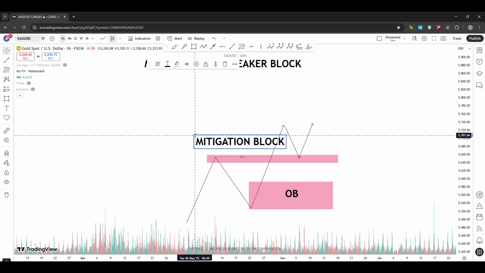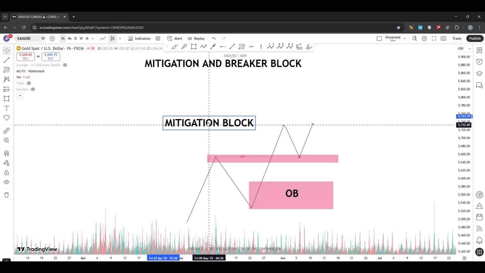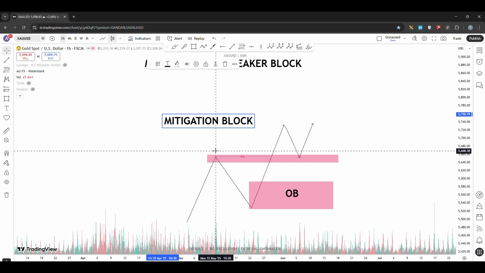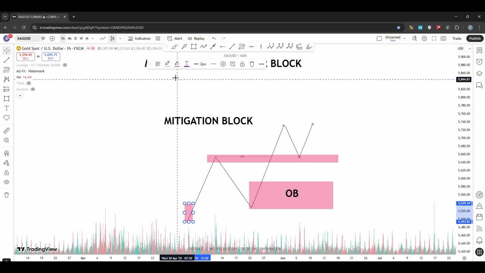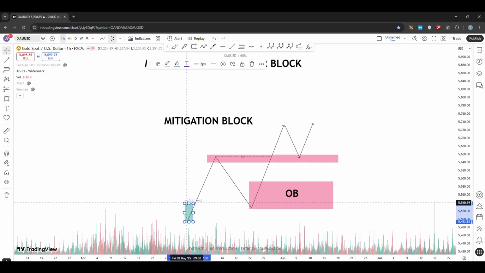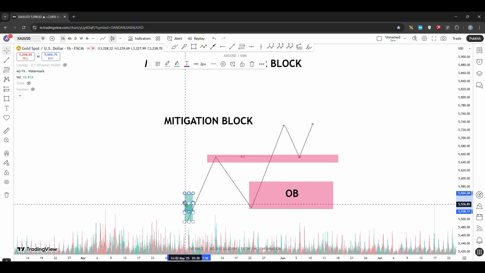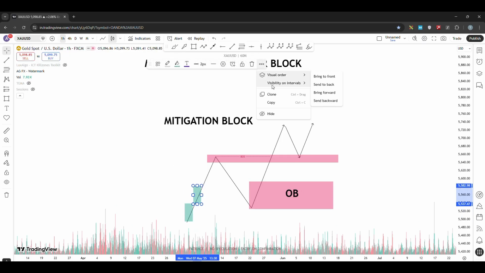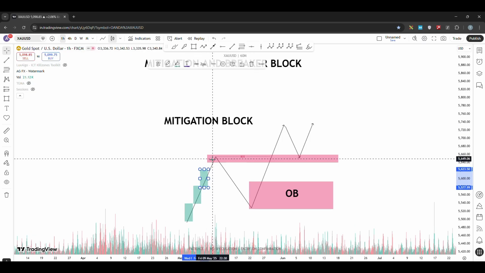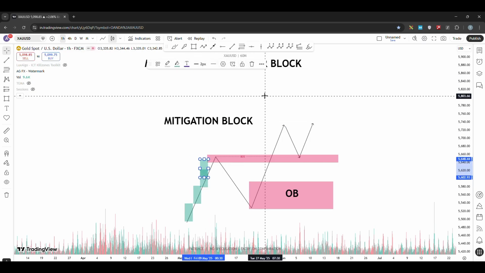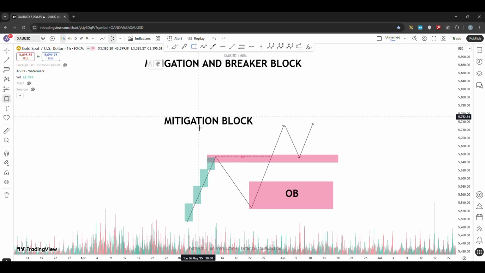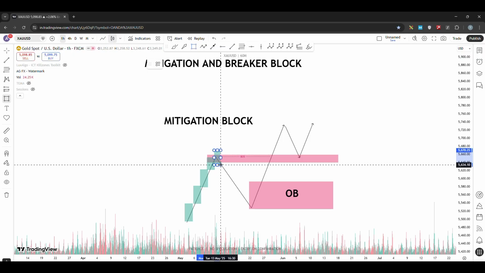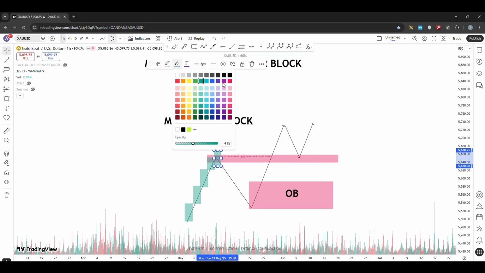Now a mitigation block is the candle which creates the last high before this push to the downside. So let's say the market is pushing like this on the upside. We have got multiple green candles, one after another. Let's put some more candles over here. This is how it is pushing higher. Let's say we get one more green candle, right? And then we see a red candle over here.